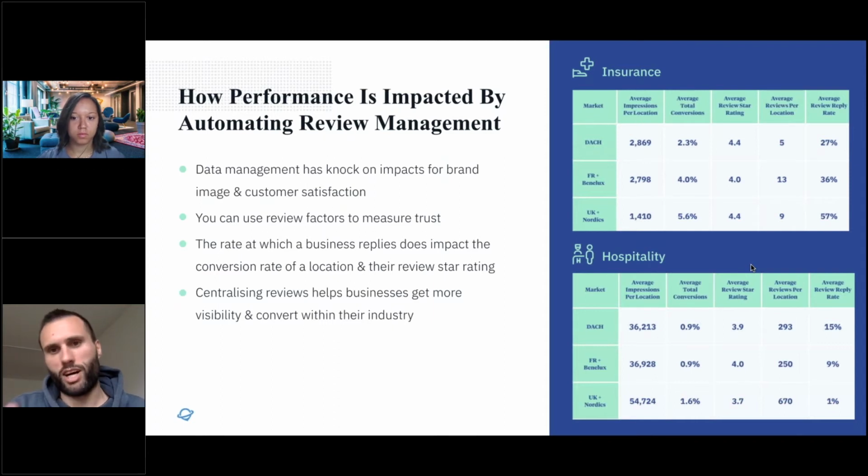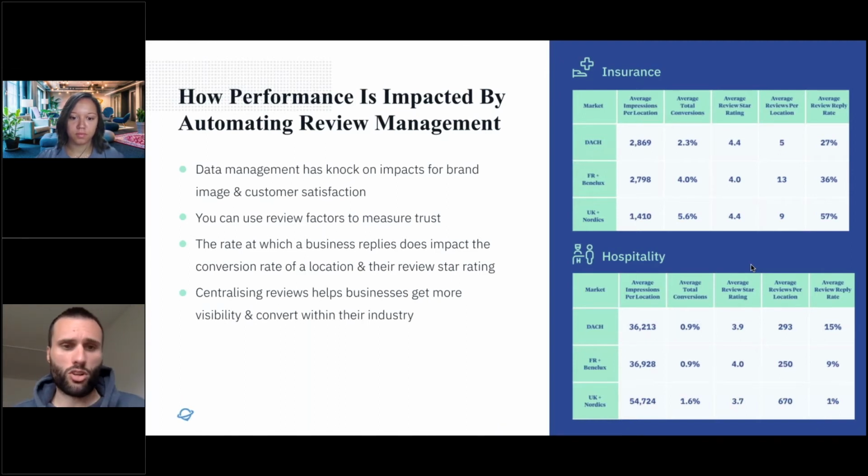So you can see DACH, France, UK, and then you can see the reply rate of the business, the average, the benchmark, and also the total conversions. And we've found that there is a correlation between the conversion rate and the reply rate of the business. Also, there are other factors around reviews as well, but I'm just going to keep it pretty high level today. And then also just to show you down there at hospitality, you can see that they don't reply so much, and perhaps that has an impact on the average total conversions as well.